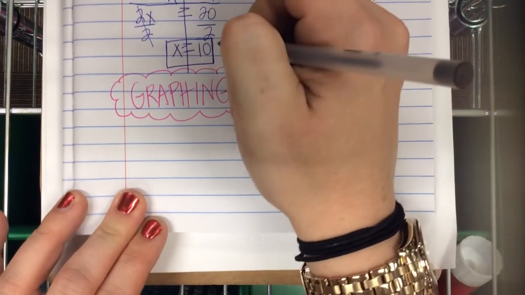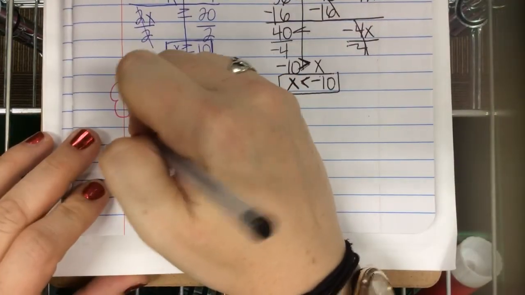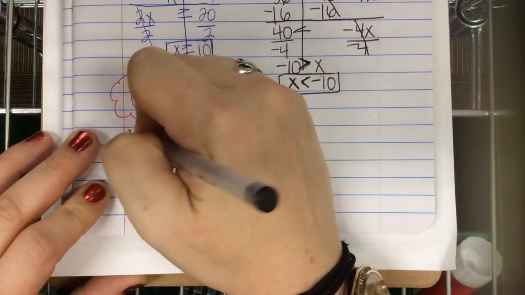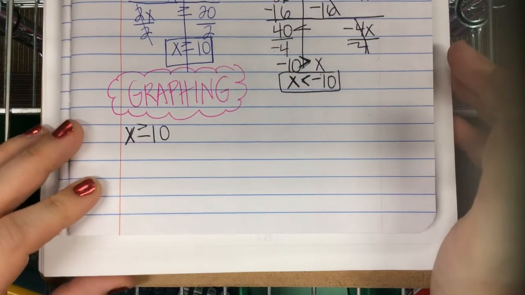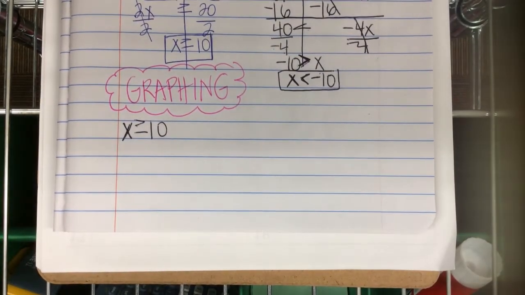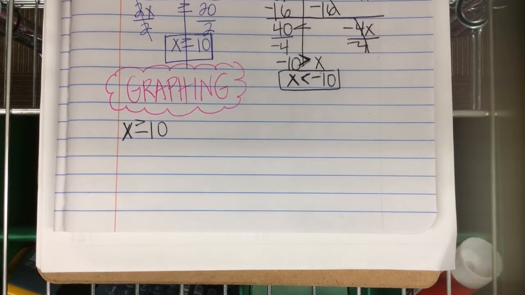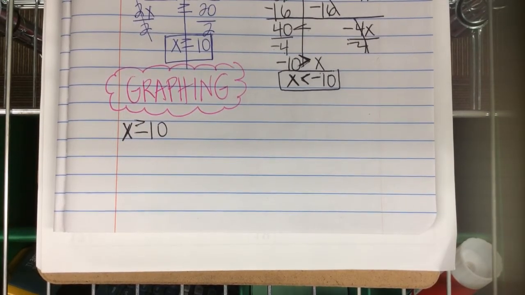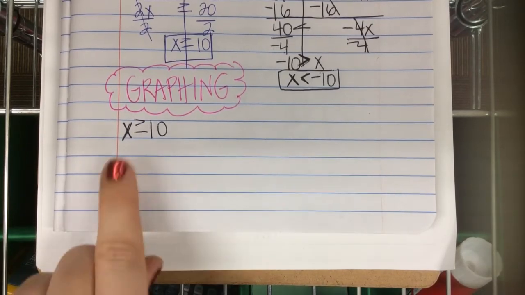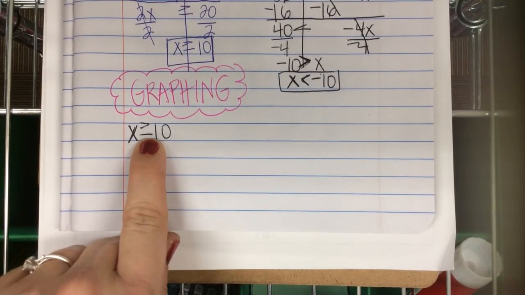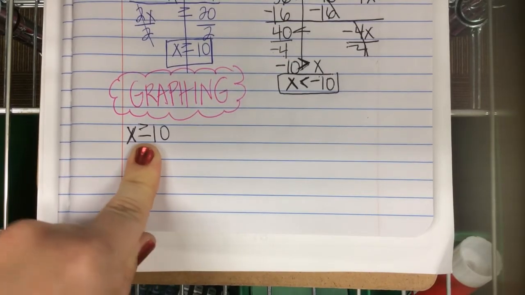So for x is greater than or equal to 10, can you tell me one of the answers? X is greater than or equal to 10. Morgan, what's one? 11. Gabe, what's another one? 12. Grayson, what's another one? 10. Because there's that equal sign, right? It could be equal to 10 or it could be anything above it.